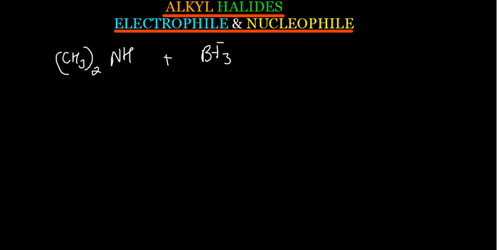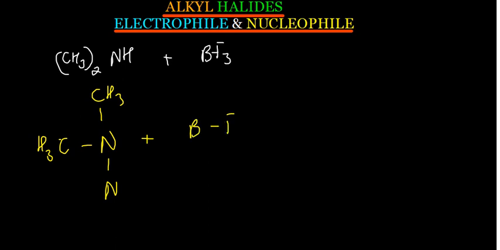Okay, so I have a nitrogen in the middle, a carbon with 3 hydrogens, another carbon with 3 hydrogens, and then a hydrogen on the nitrogen. We are reacting it with boron trifluoride, so I have a boron with a fluorine here, another fluorine there, and another fluorine here. Now we know that when nitrogen is only attached to 3 things, it is going to have a lone pair of electrons. So here is a lone pair.